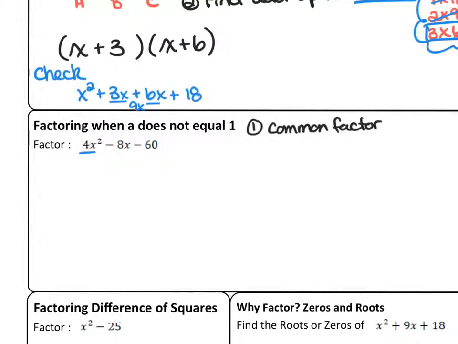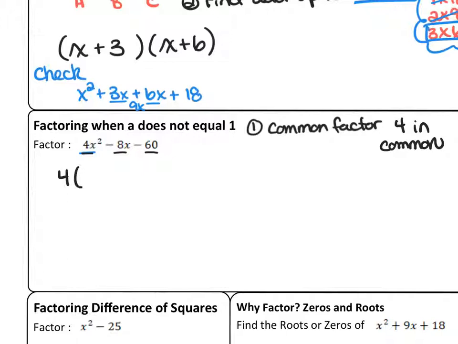I notice that all three of these numbers have a 4 in common. So what I'm going to do first is divide all three terms by 4.